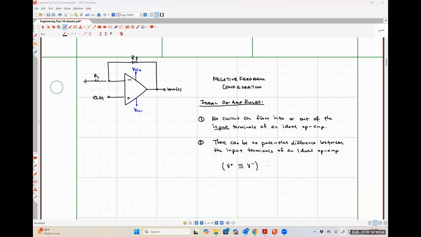Another way to think about this is V plus minus V minus will always be equal to 0 volts. So when we start analyzing a circuit here in a minute, we'll see how these rules are applied.